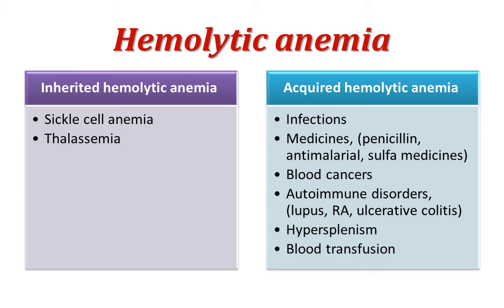These are both inherited genetic disorders, whereas acquired hemolytic anemia occurs because of bacterial and viral infections, use of certain medicines like penicillins, anti-malarial drugs, sulfa medicines, also because of some blood cancers and autoimmune disorders like lupus erythematosus, rheumatoid arthritis, ulcerative colitis, an increase in the size of the spleen, and unscreened or non-sterilized blood transfusion could lead to hemolytic anemia.